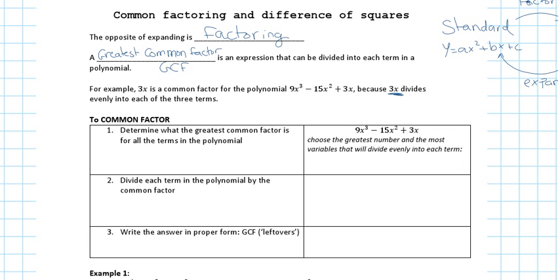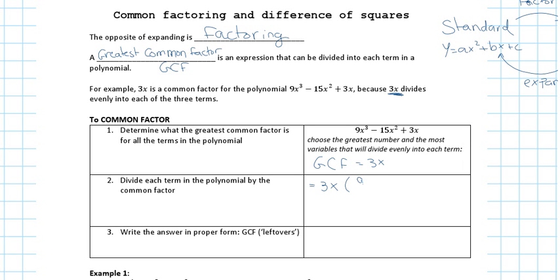So the process is like this. Identify your greatest common factor. I know my greatest common factor is 3x. You're going to write the 3x on the outside. I'm going to start by showing you how you're supposed to write it, but then we will be skipping that step in later examples.